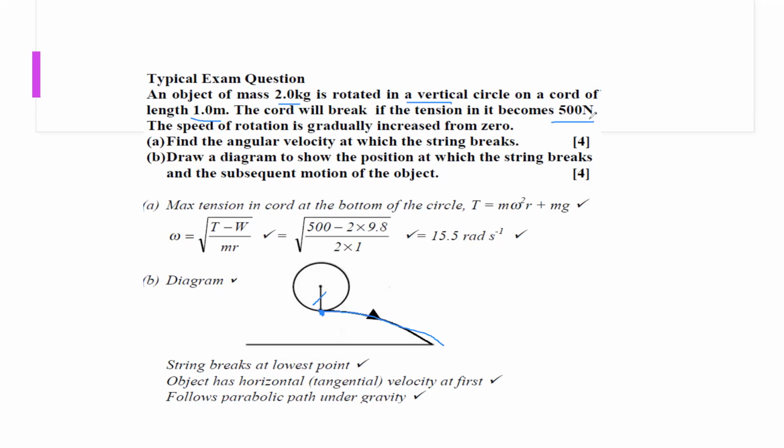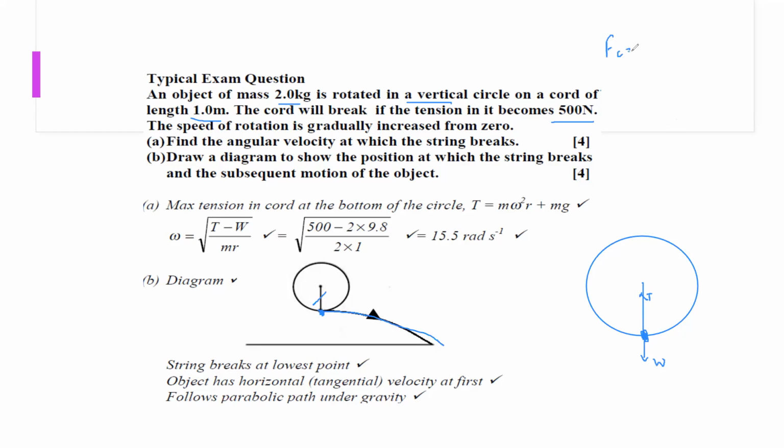So you have the centripetal force, it's moving in a circular path, in a vertical circle. And what we need is the speed at which the cord will break, and basically the angular speed, like change in angle. So this is the likely position where the cord will break, because that will have more force. So T is acting up, the tension, weight is acting down, and the result of these two will give us the centripetal force.